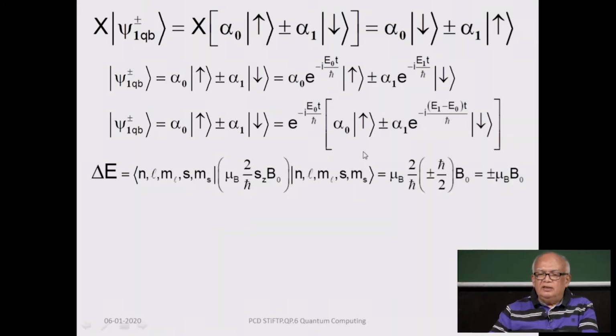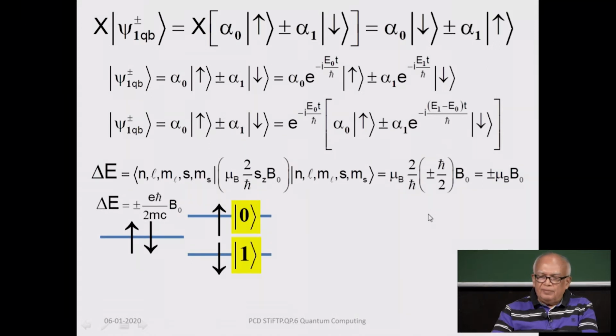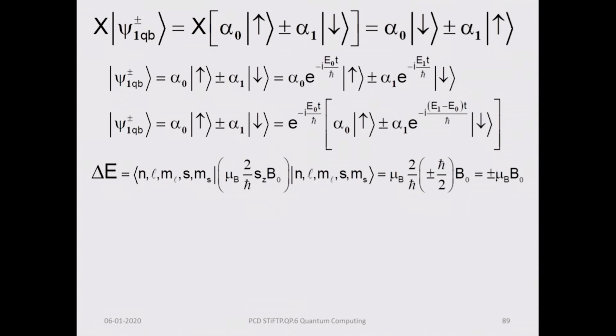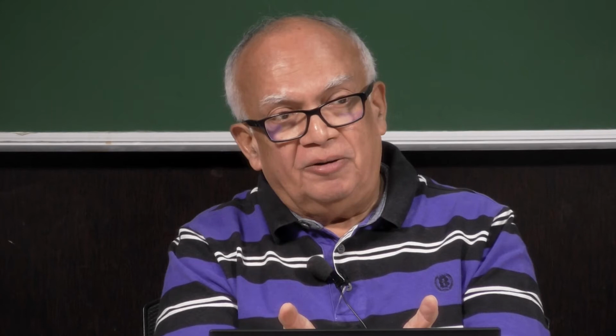Okay, this one has the E1 minus E0 factor. The common factor which is extracted out, I can forget about it because it is a general overall phase, and we are already doing qubits on this Bloch sphere.